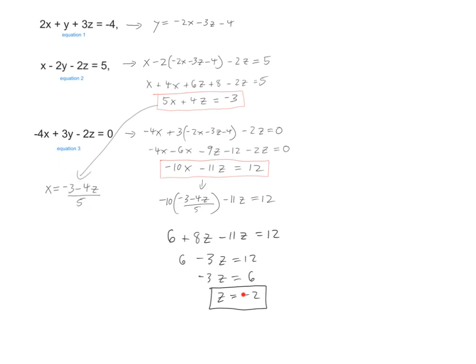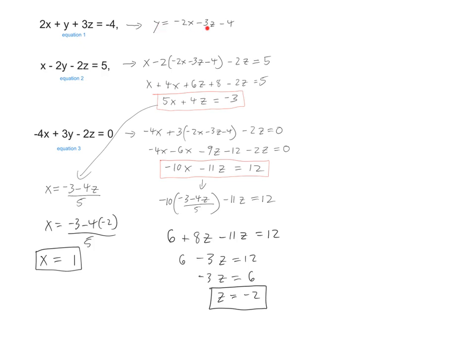So therefore, if I replace z by negative 2 in this expression, I'll find that x is equal to negative 3 minus 4 times negative 2 over 5, which is negative 3 plus 8, which gives me 5, over 5, which is 1. So I just found that x equals 1. So we've just discovered that z equals negative 2 and x equals 1.